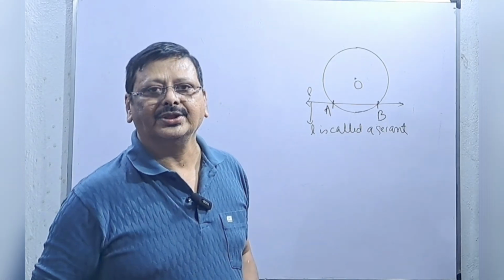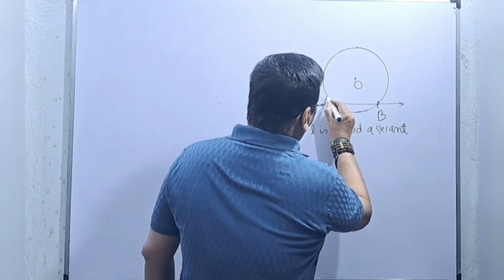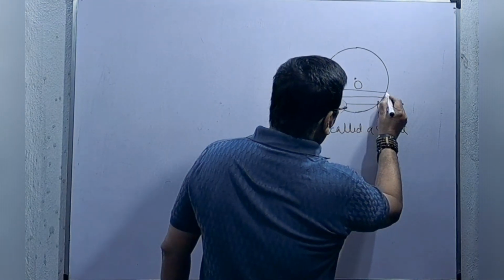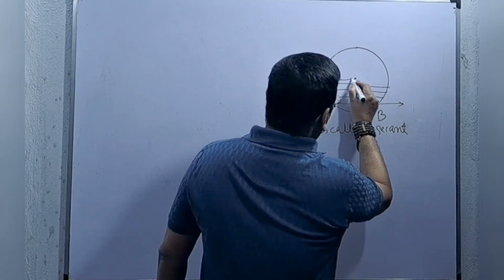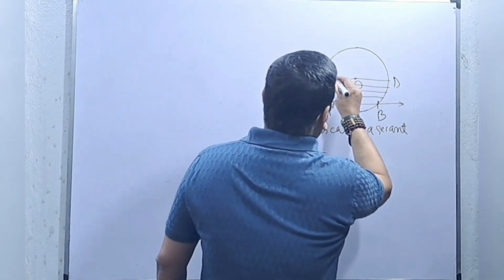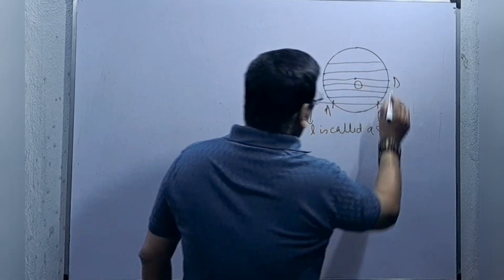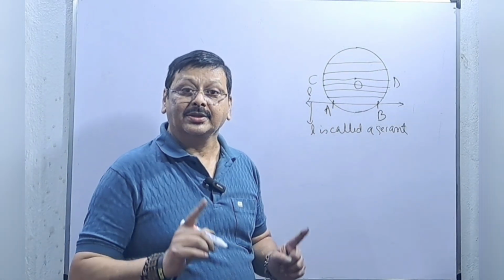Let us get what is diameter. As you go up, the length of the chord increases. Now when it passes through the center, say CD, it has got the maximum length and it will decrease as you go up, correct? So the largest chord of a circle is called its diameter.